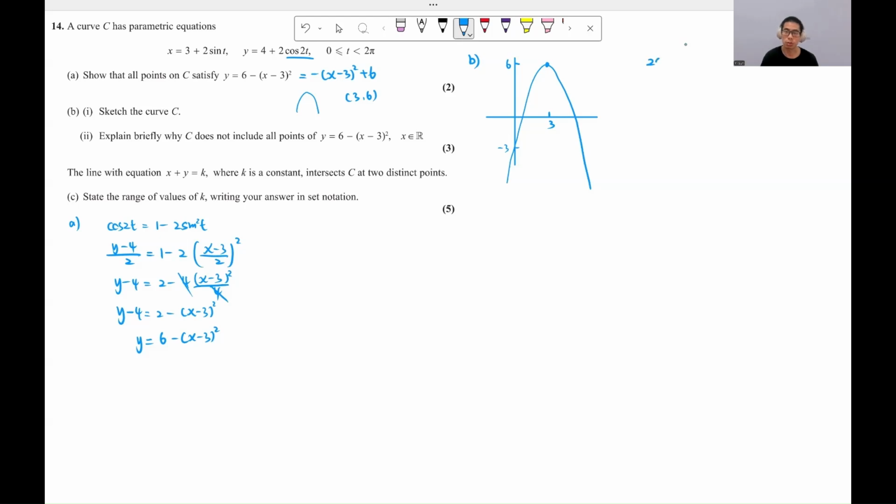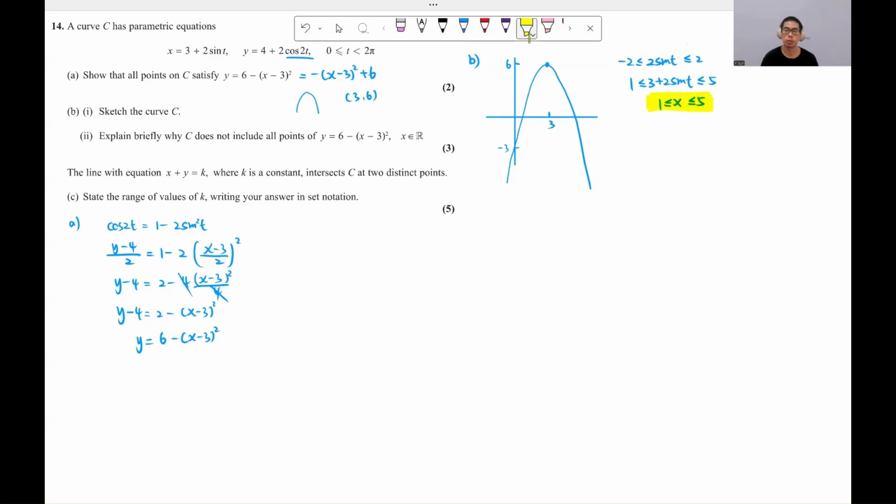That means 2 sin t is greater than or equal to negative 2 and less than or equal to 2. If we add 3, 3 plus 2 sin t is greater than or equal to negative 2 plus 3, which is 1, and less than or equal to 2 plus 3, which is 5. So x has to be greater than or equal to 1 and less than or equal to 5.